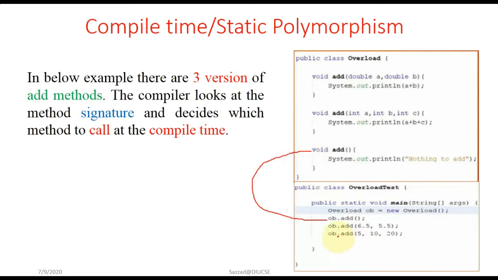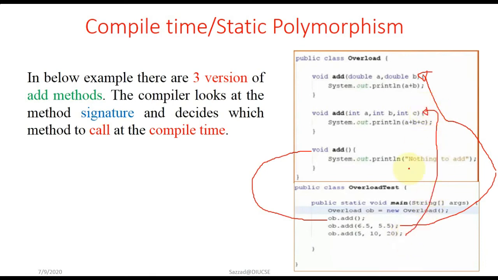When we pass floating or double values, this method will be automatically invoked, because this method has two double parameters. And the third one has three parameters, so it will automatically call that one.